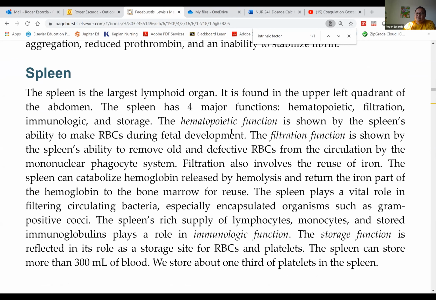They don't have that ability as yet when they're born. Because what is their liver status? Is their liver capable of making clotting factors at birth? Not yet. So because of that, all babies receive vitamin K injections.